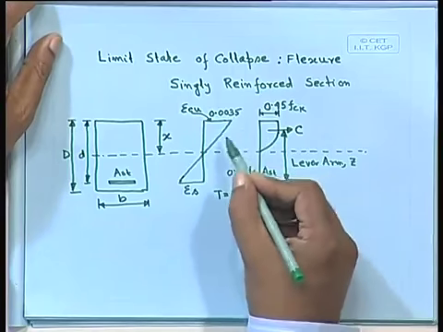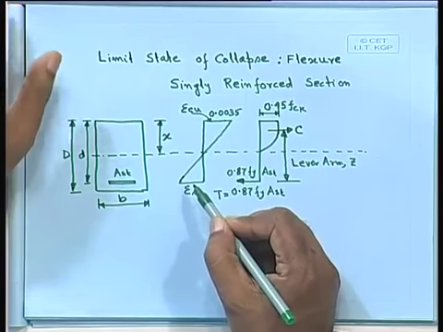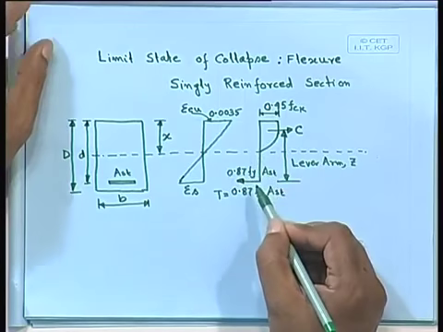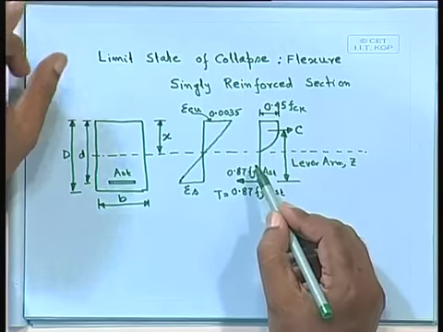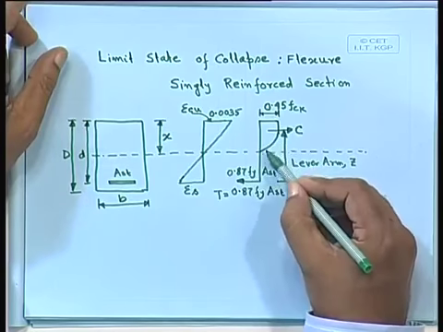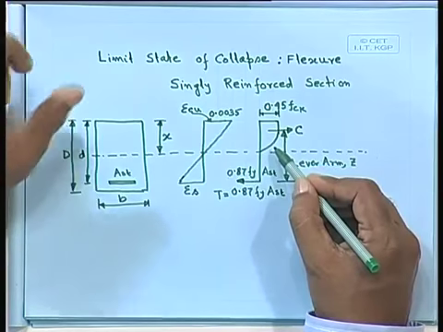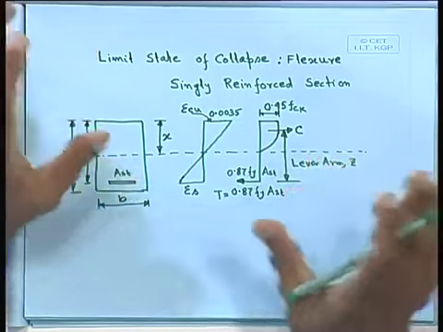Here we have started with the strain. In working stress method we have not considered strain. Only difference is the stress block. In that case stress block is linear, here we are getting certain portion parabolic, certain portion straight, but otherwise your formulation everything will go in the same direction.